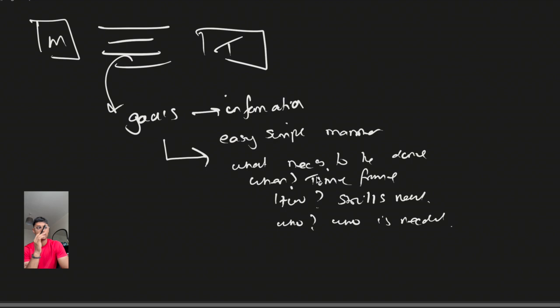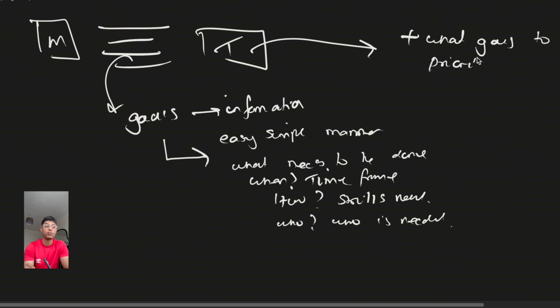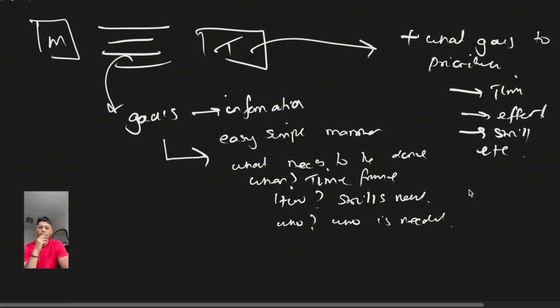Because now the team will have a better understanding of what goals to prioritize, which may be according to time, effort, skill, etc. So by restructuring the information we're sending into an easier and more digestible format, the team has a better understanding of how to complete the tasks in an orderly fashion, where the goals are completed at an equal rate, or in an order which is most suitable.